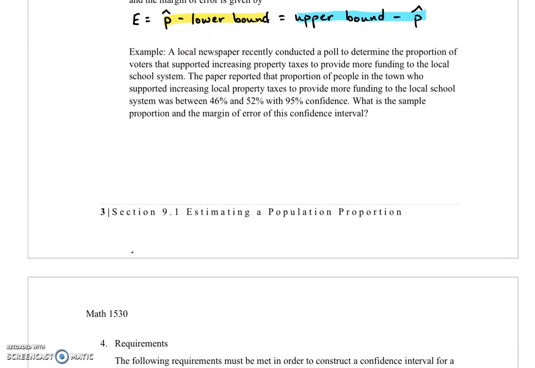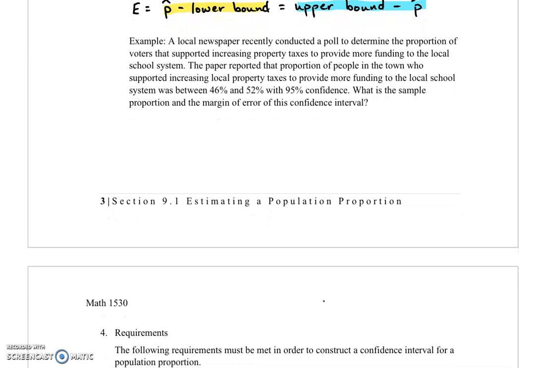So for example, a local newspaper recently conducted a poll to determine the proportion of voters that supported increasing property taxes to provide more funding to the local school system. The paper reported that the proportion of people in the town who supported increasing local property taxes to provide more funding to the local school system was between 46% and 52% with 95% confidence. What's the sample proportion and the margin of error?